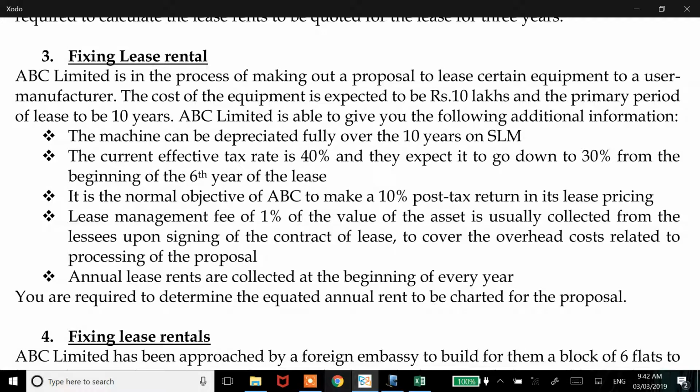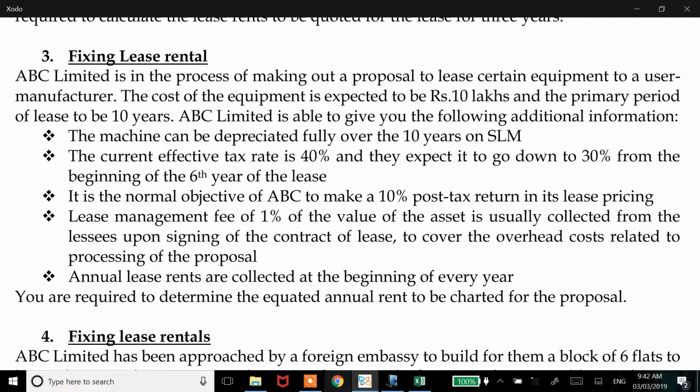Lease management fee of 1% of the value of the asset is usually collected from the lessee upon signing to cover the overhead cost. Now what does this mean? Is it income or expense? It's neither income nor expense because I collect it and spend it.